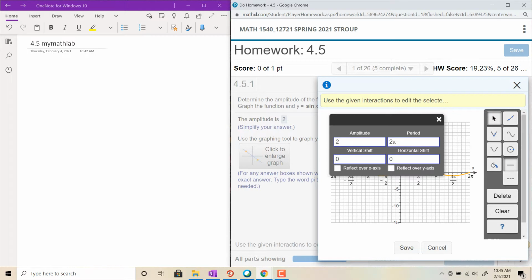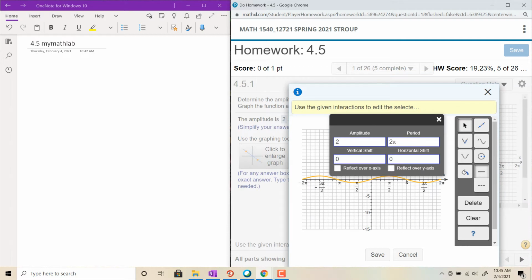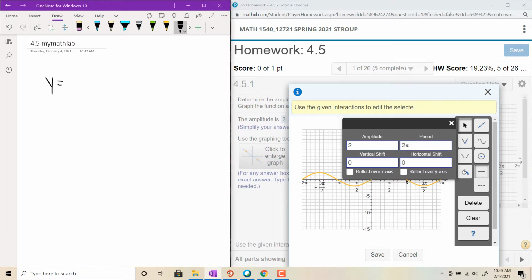There's no issues with the period. There's only period issues when there's like a sine of 3x or something like that. There's no vertical shift, that would be the plus h part. And the horizontal shift would be from the inside. So our standard form for the sine function is a sine of bx plus c plus d.